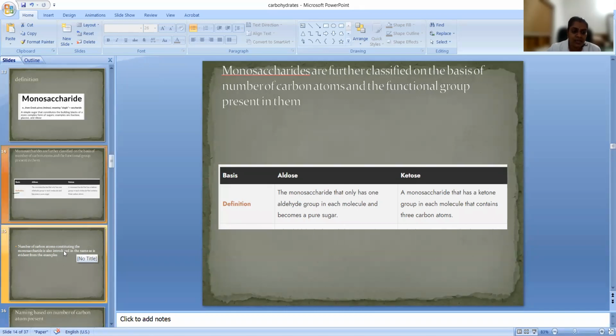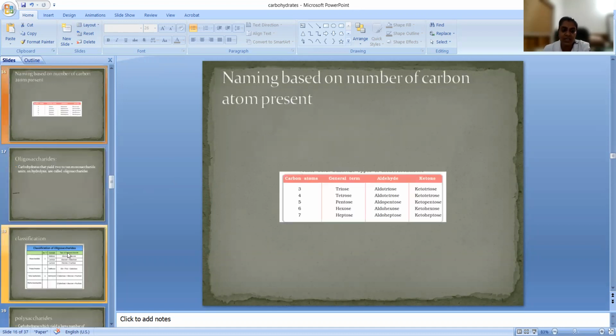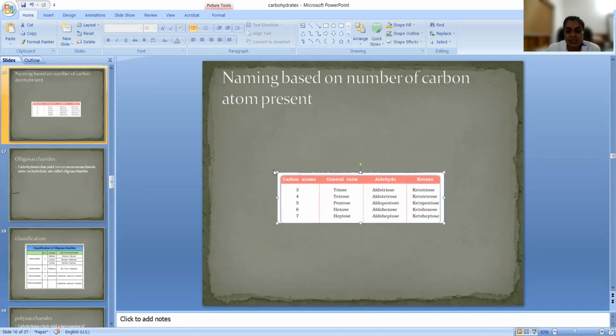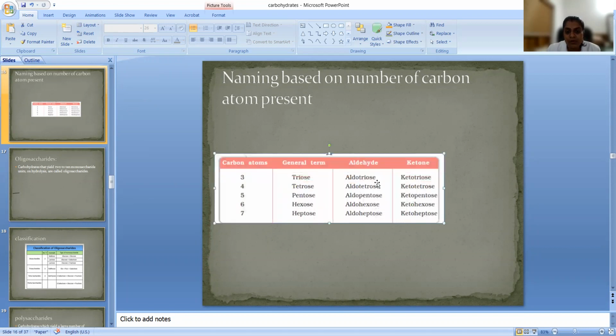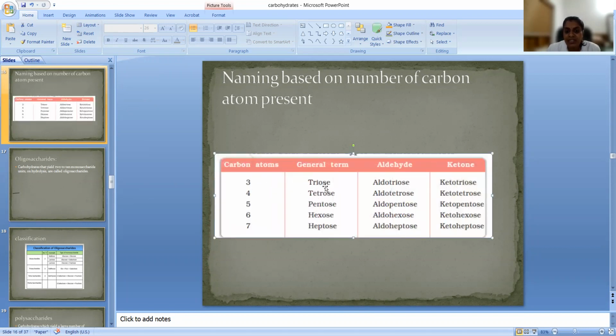Now let us see. The number of carbon atoms constituting the monosaccharide is also introduced in the name. So based on the number of carbon atoms present, we can name it. Let us name them. If there are only 3 carbon atoms, then it is named triose.